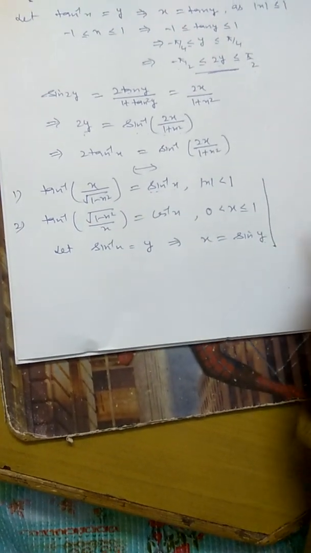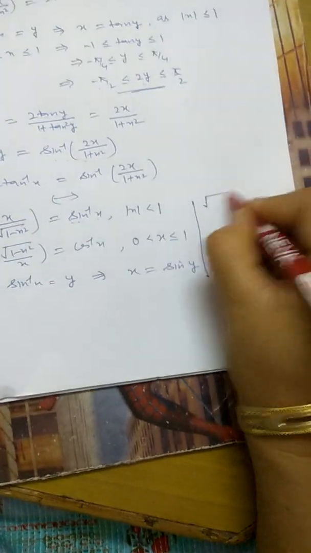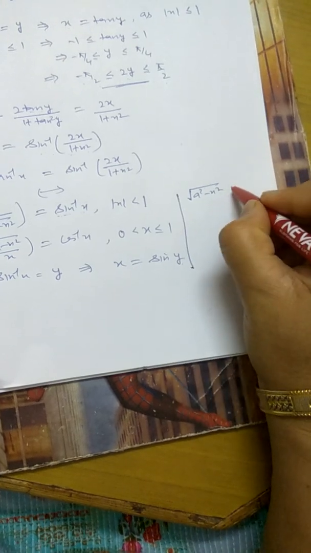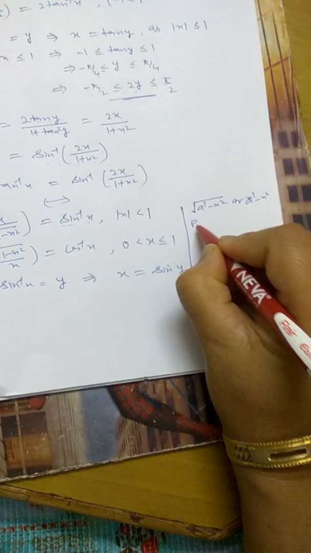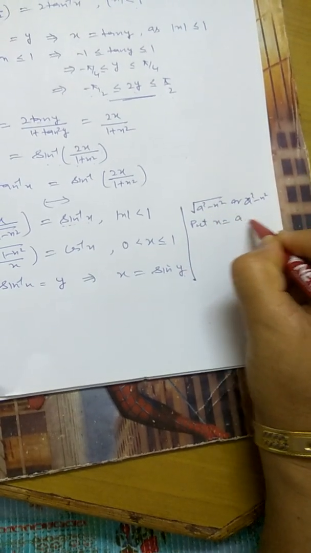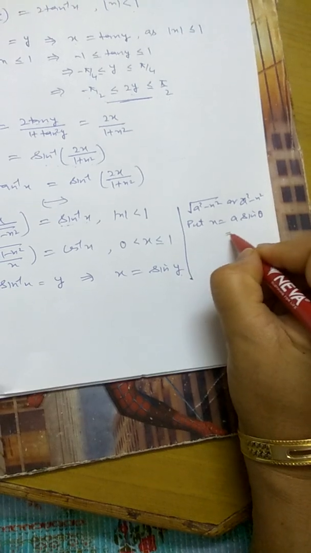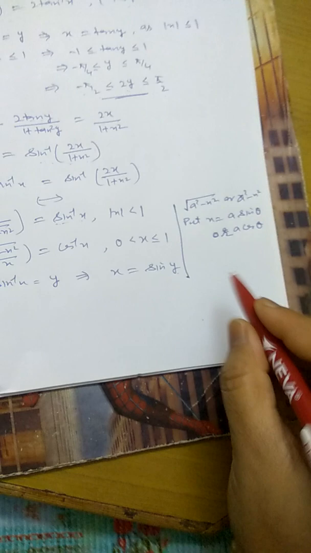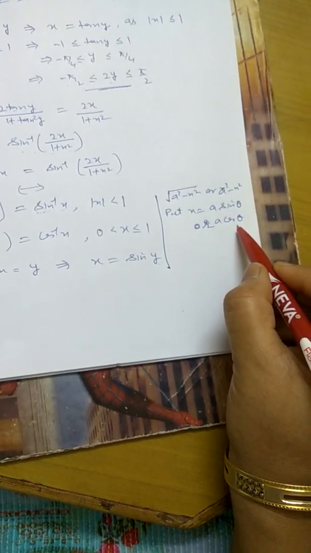If the terms in inverse trigonometric functions contain root of (a square minus x square) or a square minus x square, then you have to put x is equal to a sin theta or a cos theta.